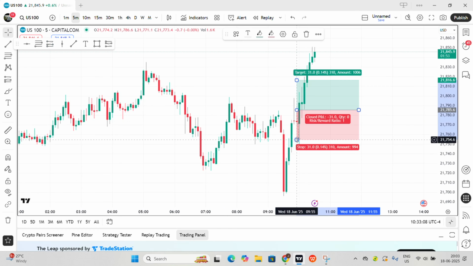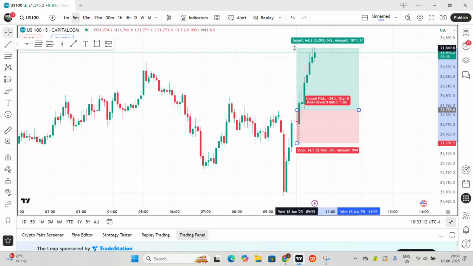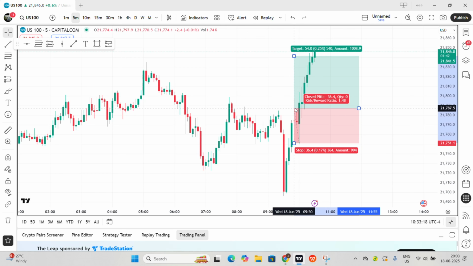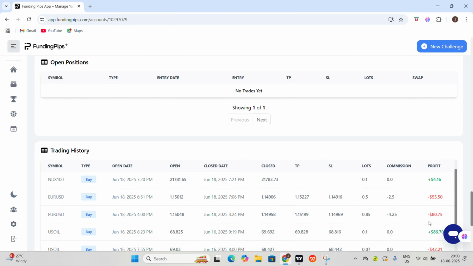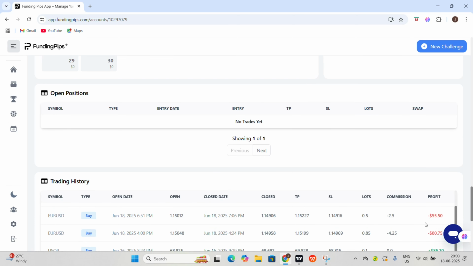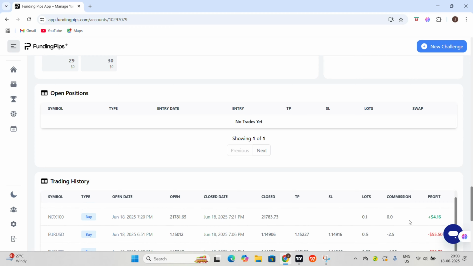I entered around this position. My SL was placed here, and my TP was booked around this area. I think it was more than 1:1, 1:1.5, or 1:1.4 something. Because I had already lost 80 and 55, so around $130. Around more than $130 I had already lost.